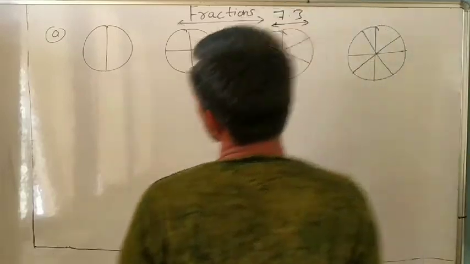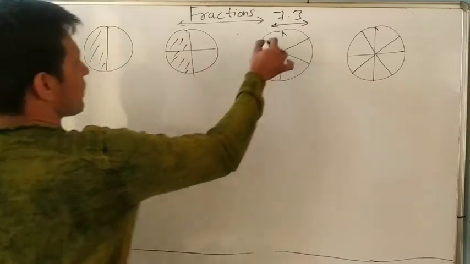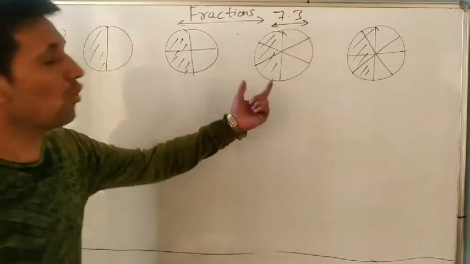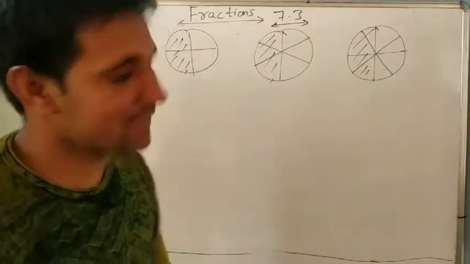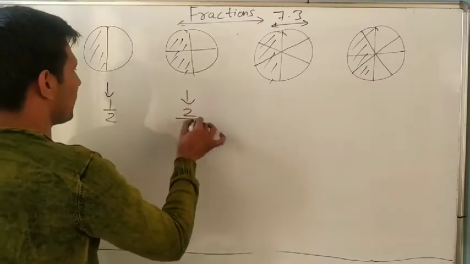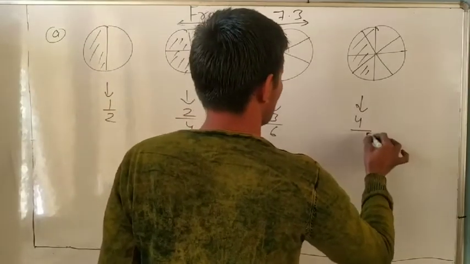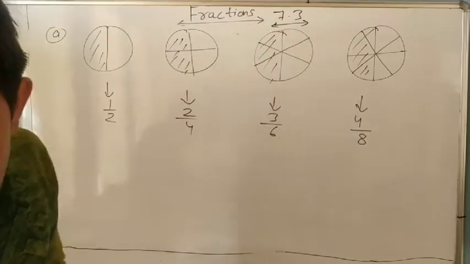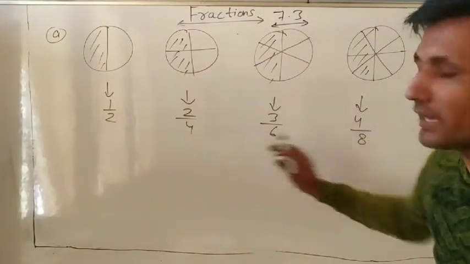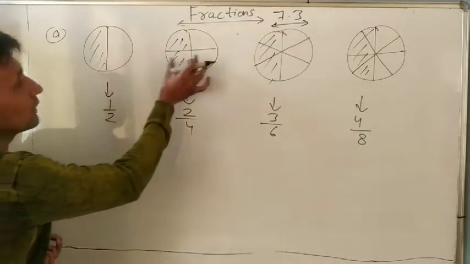We have to check and write the fractions. First we write the fractions: 1/2, 2/4, 3/6, and 4/8. All these fractions are equivalent. How will we check? Yes, all the circles are equal, with the same shaded part.